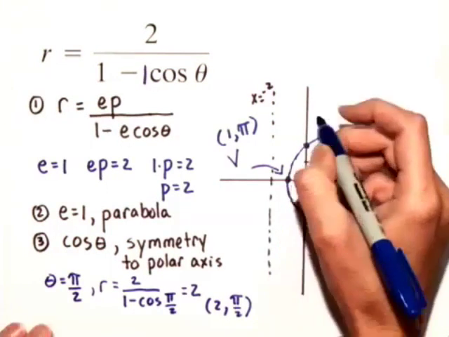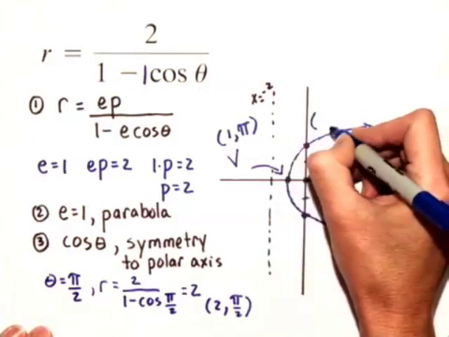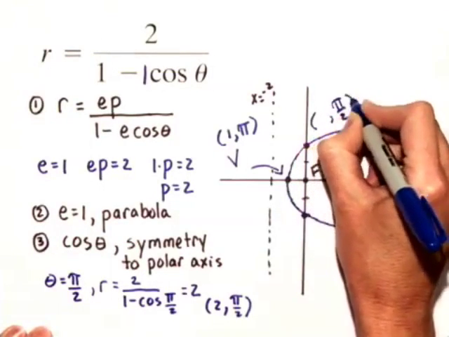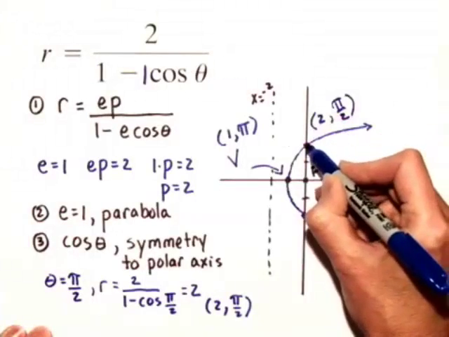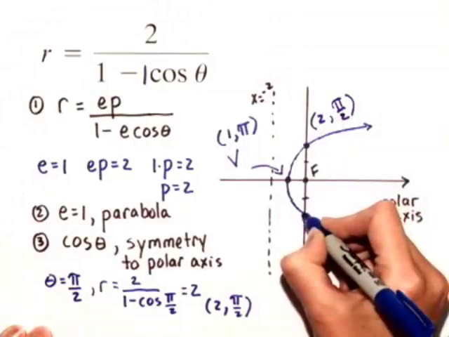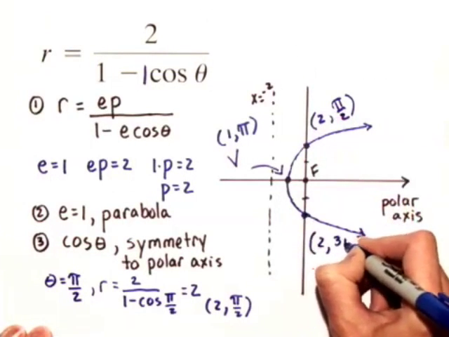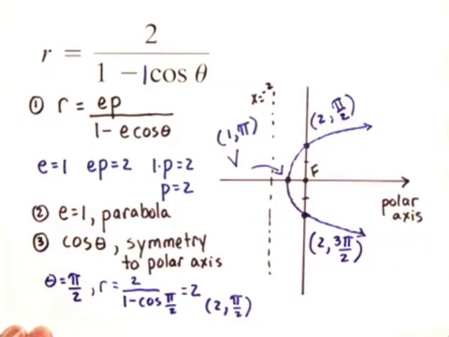And I'll label these 2 points to complete the graph. This angle is pi over 2, the radius is 2, so that's the point 2, pi over 2. And this point down here is 2 comma 3 pi over 2.